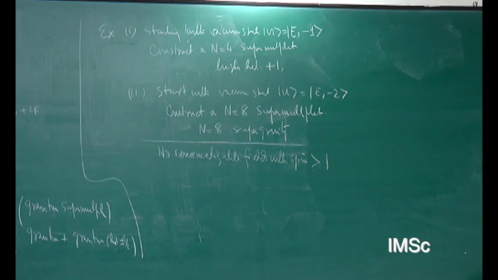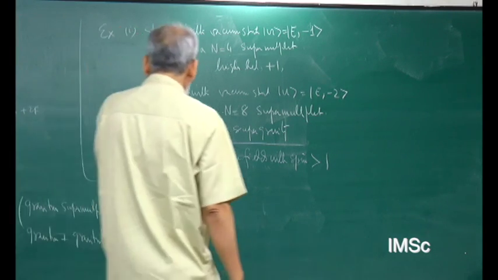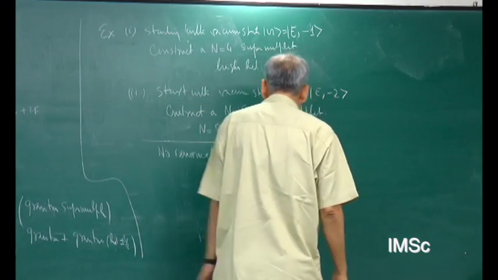So that tells you that if you want a renormalizable field theory description of the supermultiplets, that n cannot be larger than 4. So no renormalizable field theories with spin greater than 1.